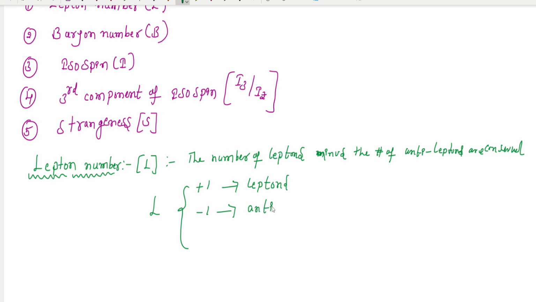For all remaining particles, the other baryons and mesons, the lepton number is zero, because those are not in the category of leptons.